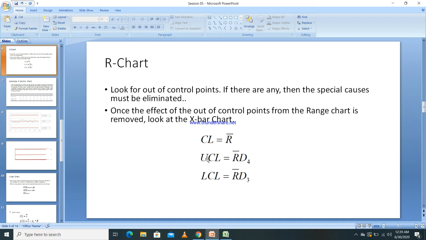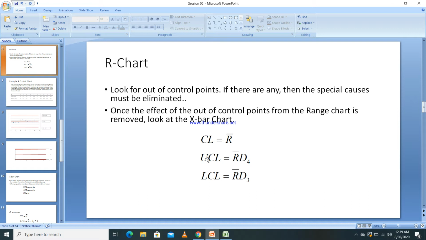But if you find that your process is out of control when you are using the R chart, then you have to stop your process, check the special causes, which are the reasons for these out of control signals, and eliminate them, and only then are we going to use the X bar chart, right?